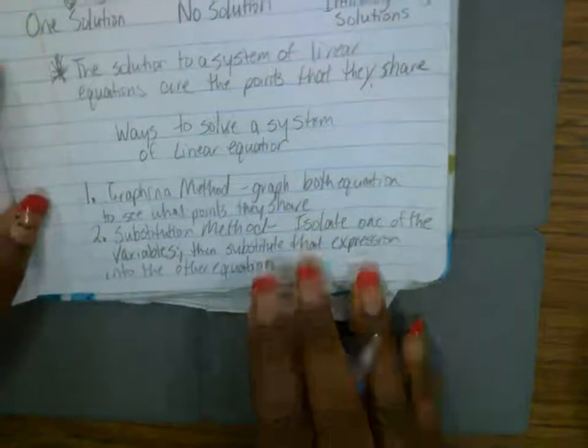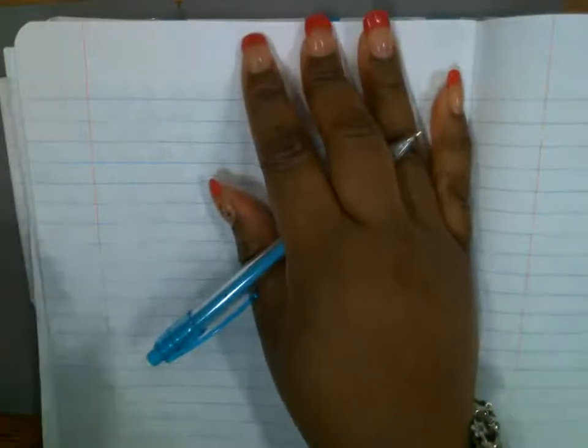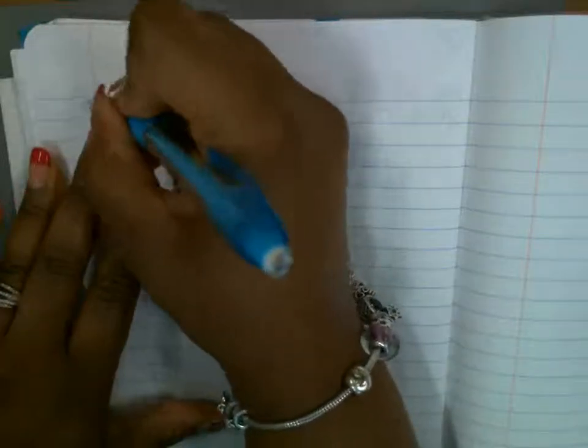Okay. The last method that you're going to use is the elimination method. It's two elimination methods: elimination of addition and subtraction, or elimination and multiplication. So the third is the elimination method.